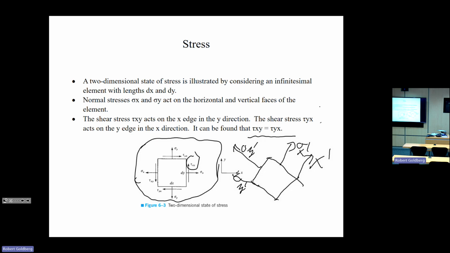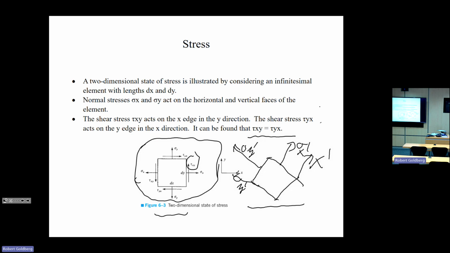Now, the thing to keep in mind, and this is always a concept that students have to think about for a while, is that these two states of stress, this state here and this state here, are describing the same load that's applied. By changing our coordinate axes, we're not changing the load we're applying to the structure. All we're changing is the frame of reference.